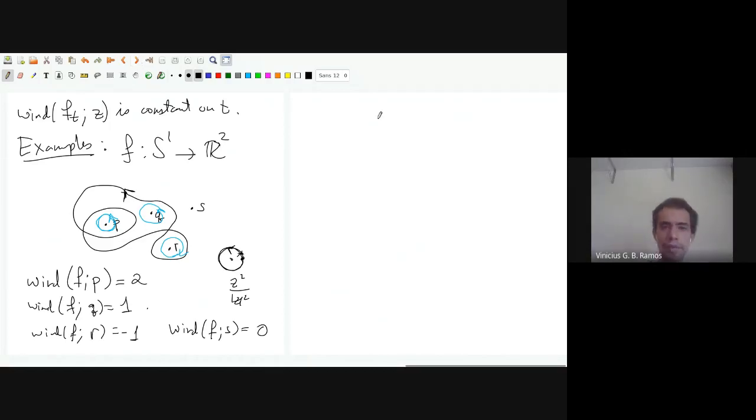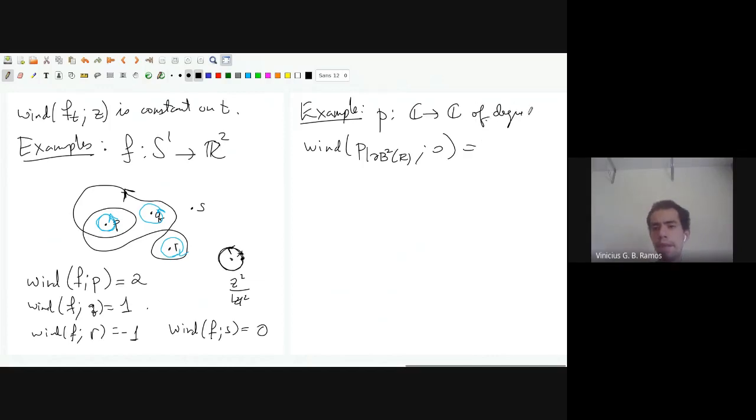Okay. So another example, which follows from the previous proof, is that if you take a polynomial, then the winding number of the polynomial restricted to a circle of large radius relative to 0, for a polynomial of degree n, is going to be equal to n.